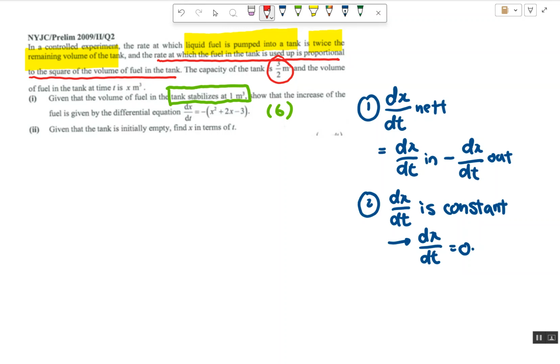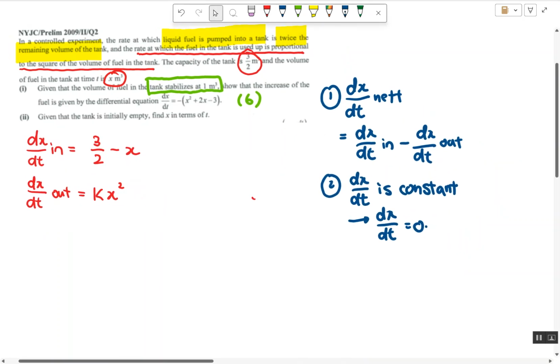So first, let me find the dx/dt in. The rate of the volume that is in is twice the remaining volume of the tank. It tells you that the capacity is 3/2. The amount of fuel in the tank is x. So this is the dx/dt in. dx/dt out is proportionate to the square of the volume of fuel in the tank, so I can write it as kx squared.